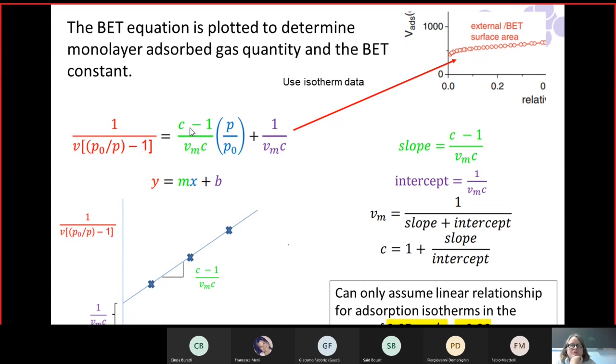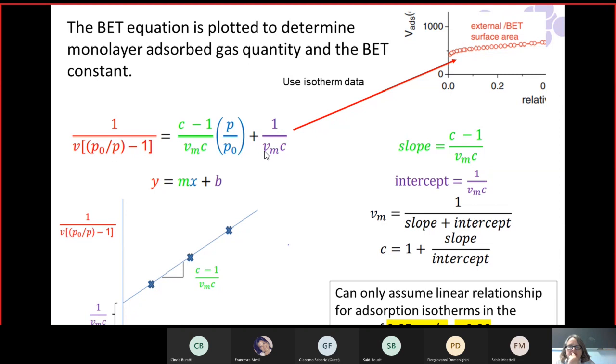So we plot it, and if we draw this line, we can fit the line and determine what the slope of the line is and what the intercept is. And from that, we can calculate C and VM. Again, that's the volume for one layer of gas to be adsorbed. So it's fairly simple to do.